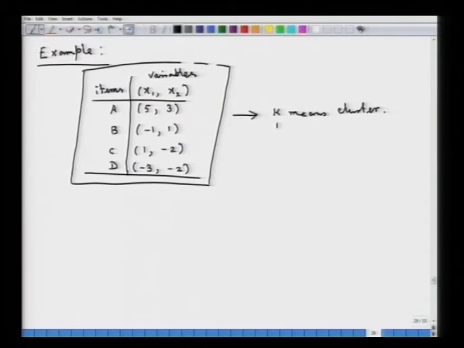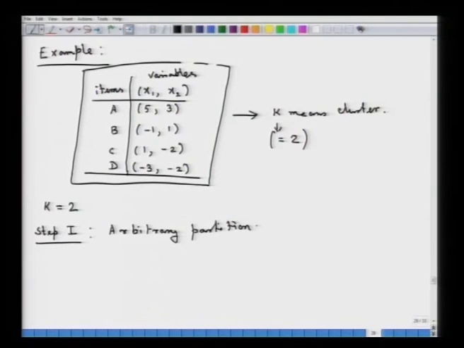Now, let k be equal to 2 for this given illustration. So, we are trying to divide these 4 cases into 2 clusters using a k-means clustering approach, which is going to lead us to clusters which are non-hierarchical in nature. Since we have k equal to 2, at the first step of implementation of this k-means clustering algorithm, let us look at an arbitrary partition of the data.